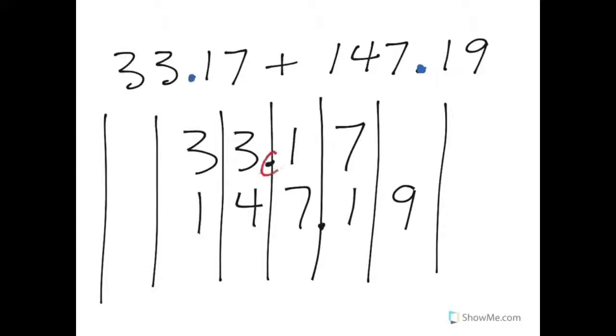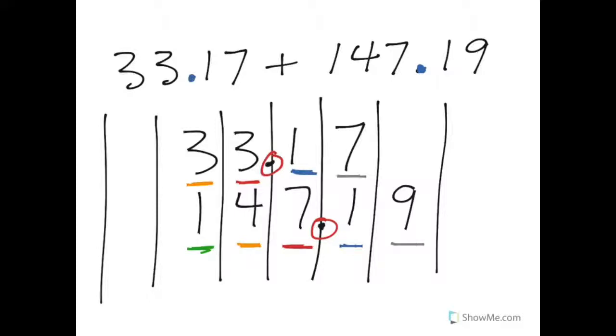You can see that the decimal points are not lined up, therefore we're not going to be adding ones with ones, tens with tens, nor will we be adding hundredths with hundredths, or tenths with tenths.